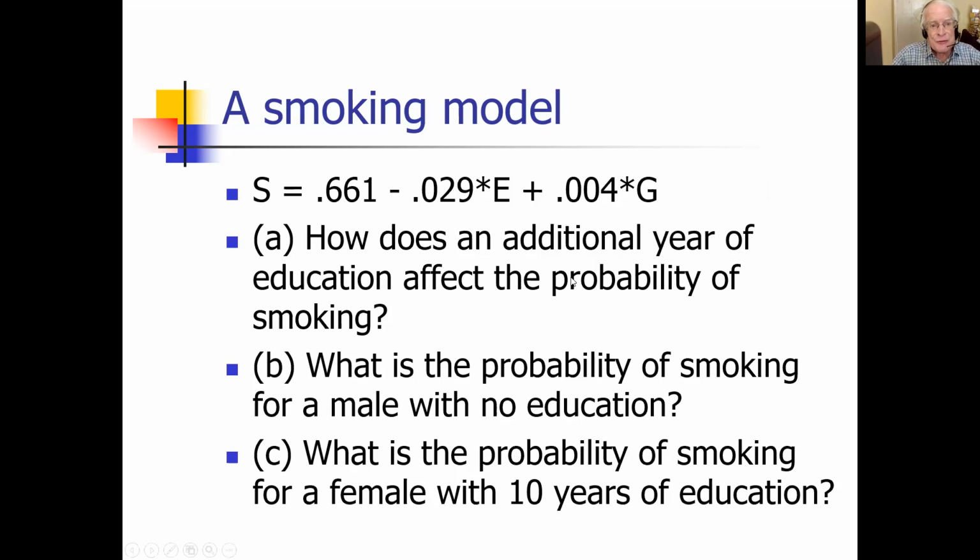And then finally, we want the probability of smoking for a female with 10 years of education. So in this case, we set G equal to 1 and E equal to 10.